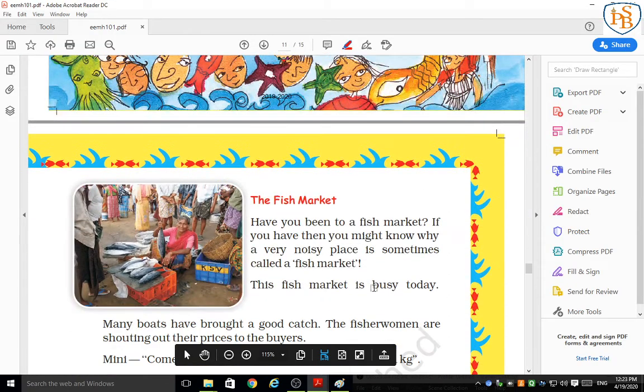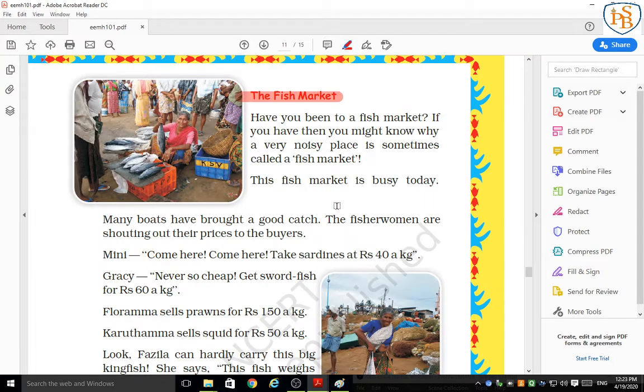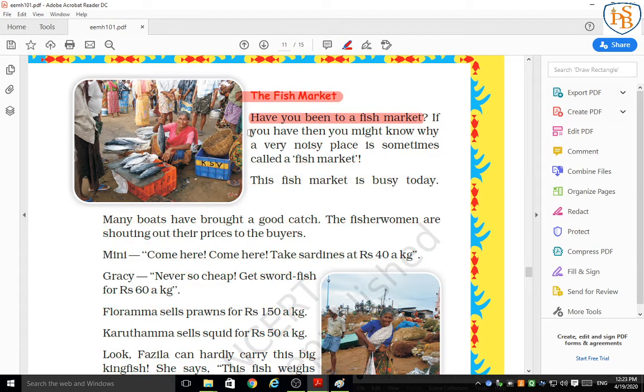Let's come to the next point. Our next point is fish market. Have you been to a fish market? If you have, then you might know why a very noisy place is sometimes called a fish market.